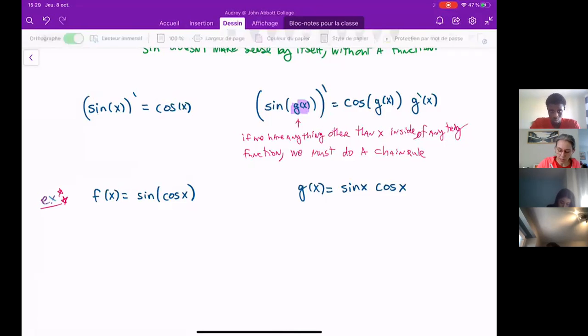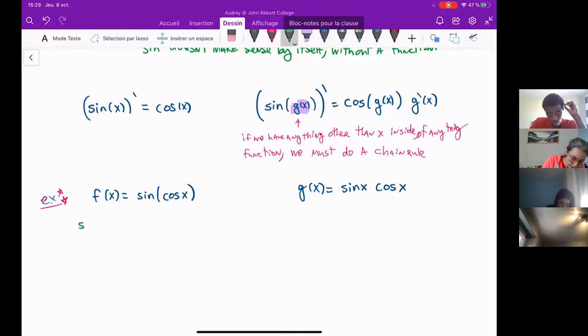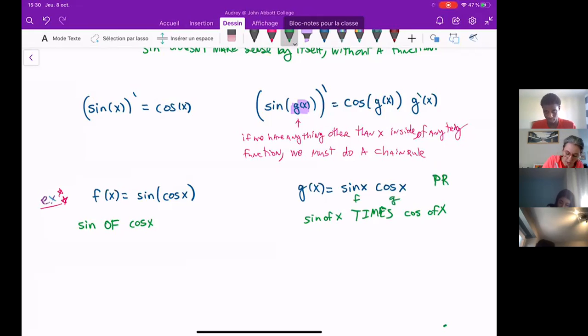So if I read this one would be read sine of cosine x. This is sine of x times cosine of x. So here, this is a product rule where that's my f and that's my g, whereas this is a chain rule where the function inside is cosine. Do you guys see the difference between the two things?